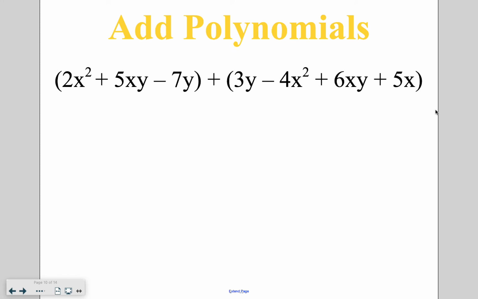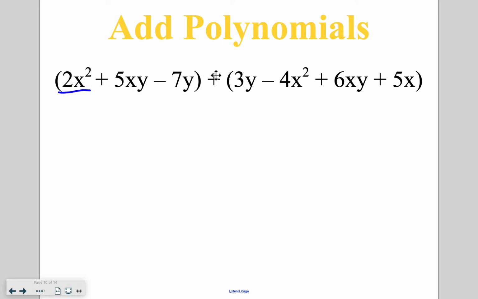When we are manipulating these polynomials, we also want to be able to add and subtract them. When you add and subtract, it's just like adding and subtracting any other variables. They must match exactly in order for you to add them. So when I'm going through this problem, I'm going to start by looking at my first term. I've got 2x to the second power.